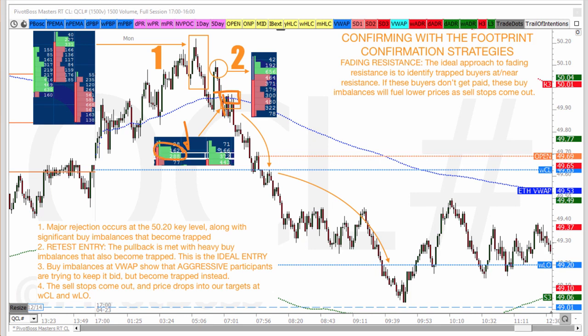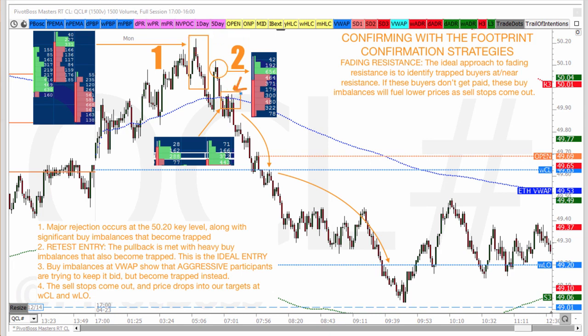Look at all those buy imbalances and all those buy imbalances. That's here and here. So that's that one, and that's that one. So you have hundreds of contracts that are buying value, and value is not going bid, which tells you again that these passive sellers using limits rejected here, and they're going to continue to defend all rotations.